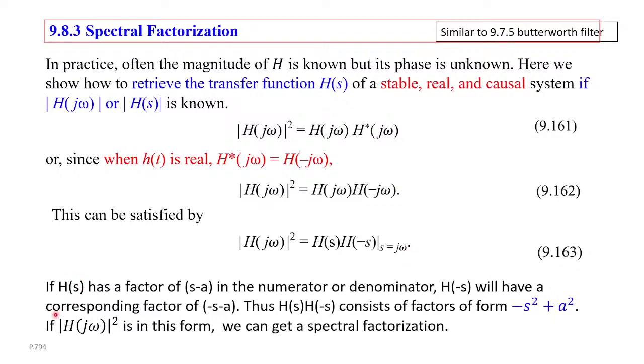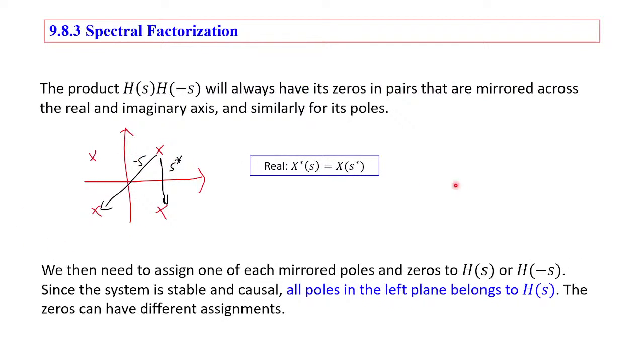And that really requires your H of j omega squared to have some nice form. You need to have the factors like minus a squared plus a squared. Having those, you can write down the poles and zeros.